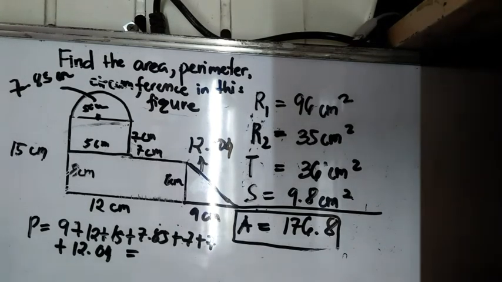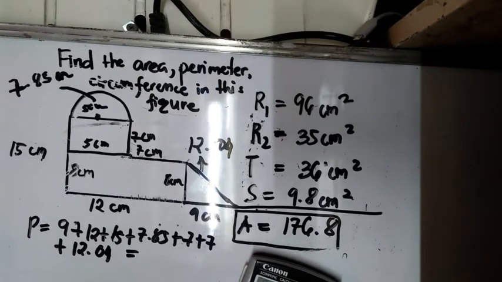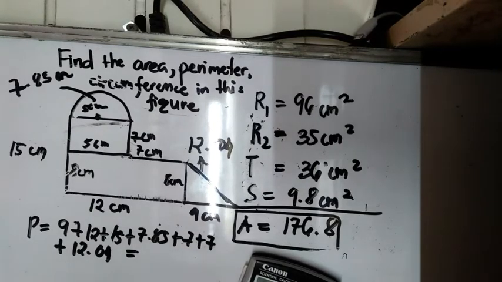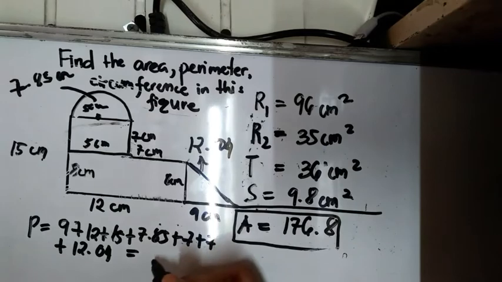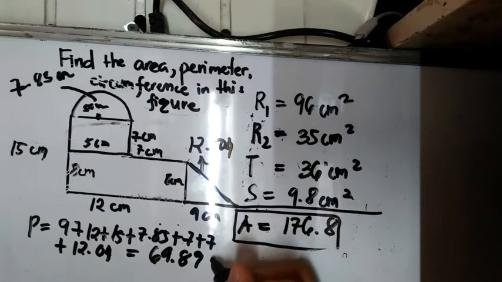Okay, we can use a calculator. So that 9 plus 12 plus 15 plus 7.85 plus 7 plus 7 plus 12.04. A total of 69.89 centimeters.